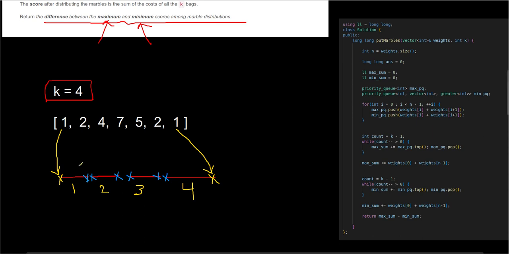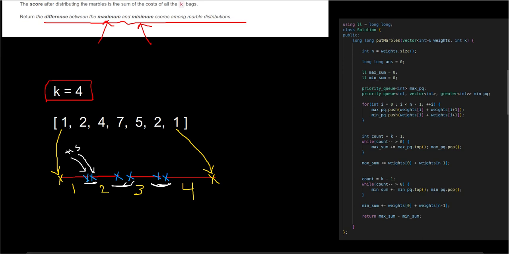And remember that to start a new segment, so this is the start of segment 2, the index will be the end of the previous segment, which is segment 1, plus 1. So these two values should be neighbors on the array, and the same for these two, and the same for these two.